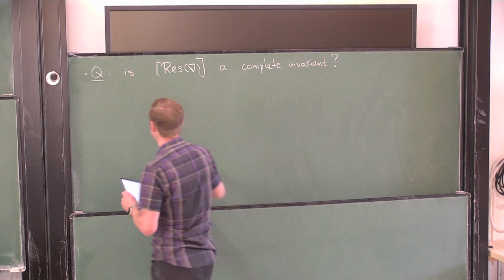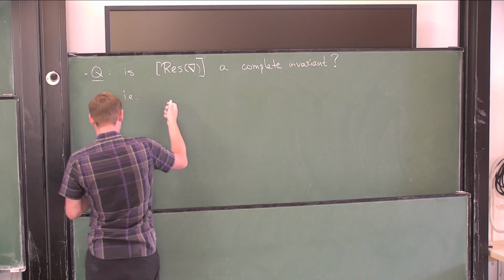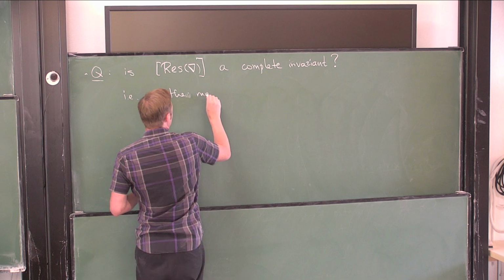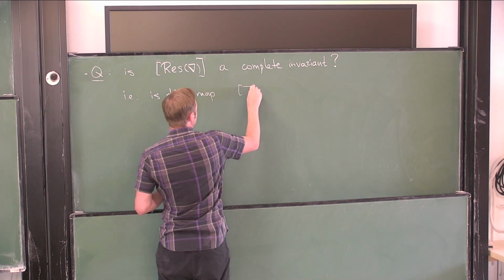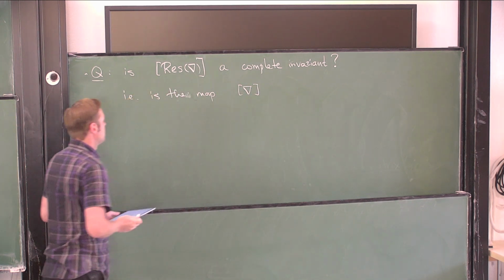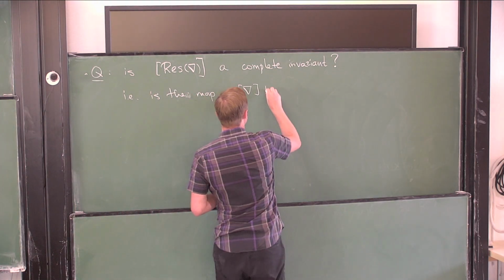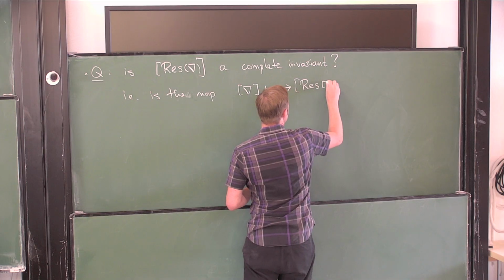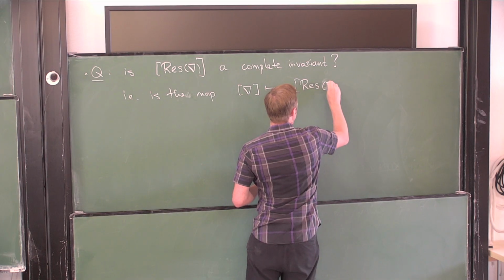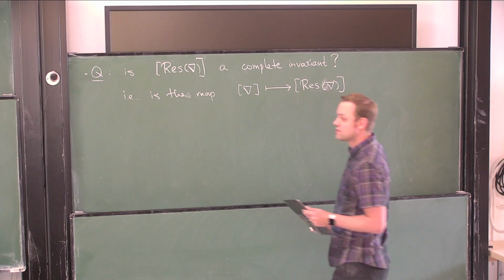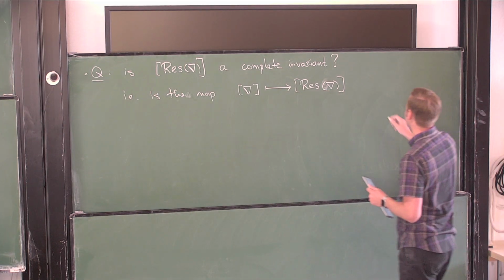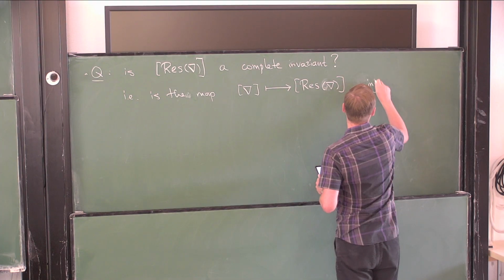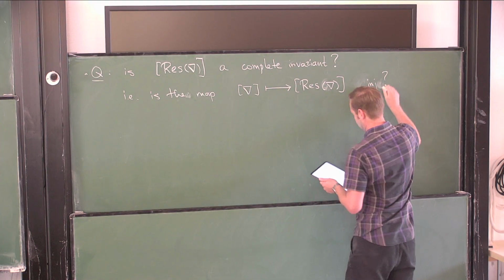In other words, this map, which sends the gauge equivalence class of a system to the conjugacy class of its residue matrix, we know that it's surjective. Is it injective? So is the map injective and therefore an isomorphism?